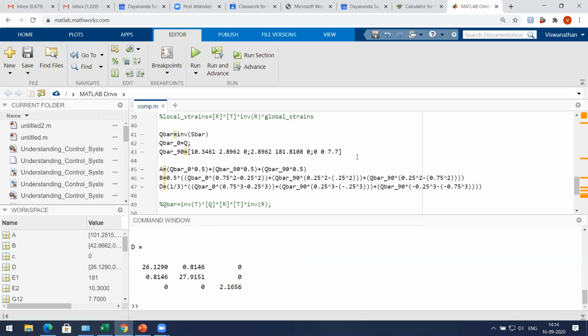Hand calculations would be very lengthy, though not difficult. So use MATLAB to calculate the A, B, and D matrices yourself. We'll give some assignment on this in one or two days, and then you can do the program and submit. I'll post this code in the Google Classroom.